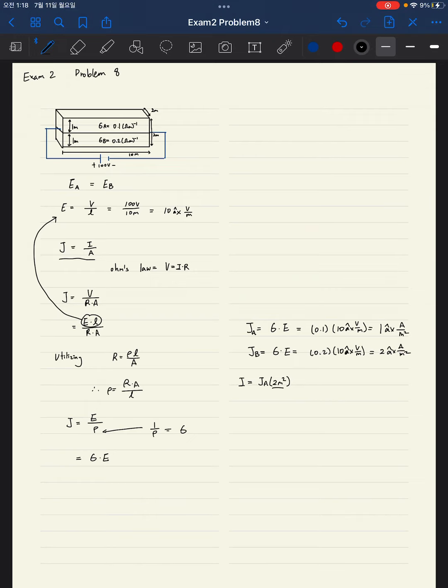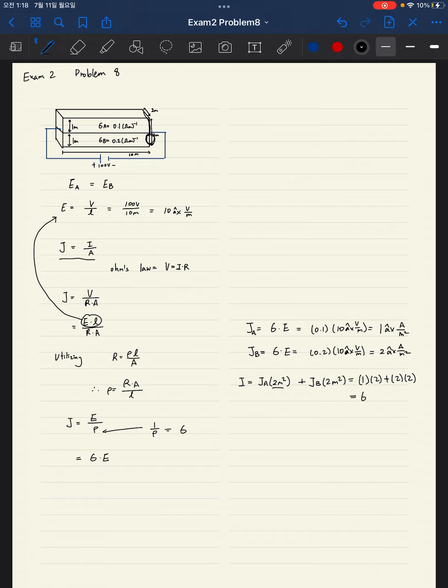This 2 m squared is coming from this area at the side, which is 2 times 1, so it's 2 m squared. Plus J_B, it also has the same area under here, so 2 m squared. This is equal to 1 times 2 plus 2 times 2, which is 6.